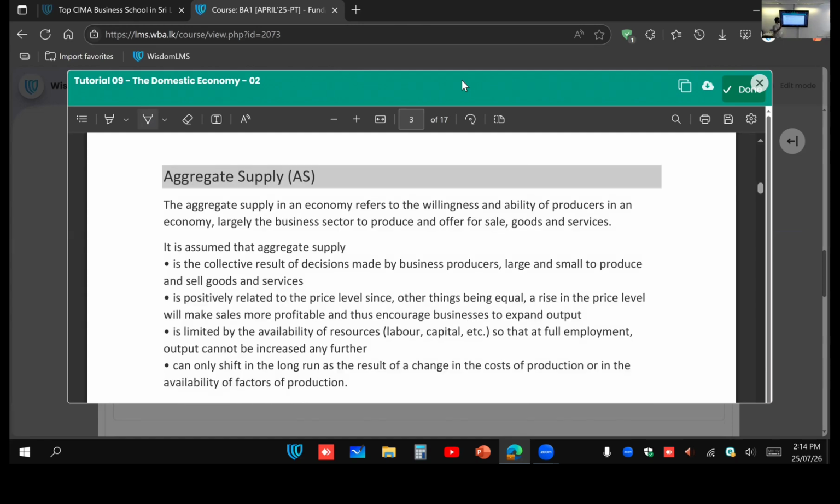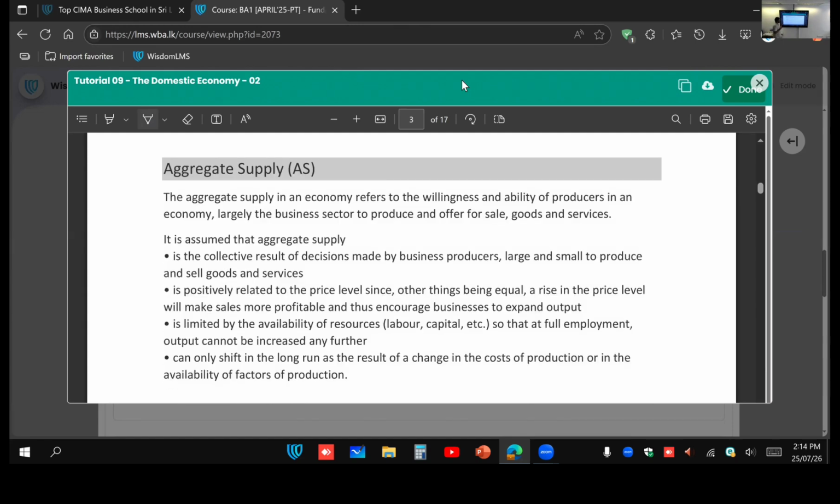The aggregate supply in an economy refers to, you may highlight, the willingness and ability of the producers in an economy, largely the business sector, to produce and offer for sale goods and services. So aggregate demand means consumption, investment, and all these things. Aggregate supply means what?